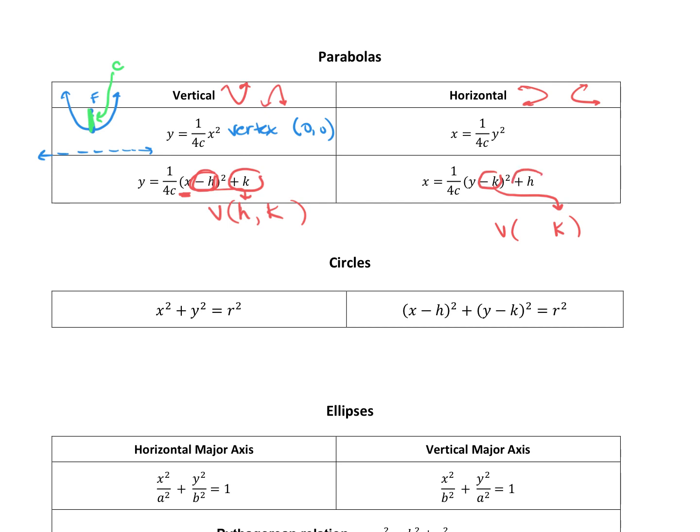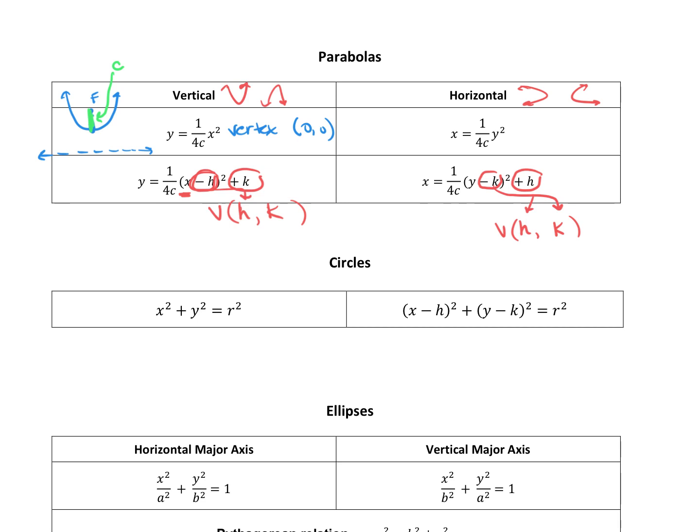And then this number on the end is the x coordinate of your vertex. So just be careful about that. If you have a horizontal parabola that starts out with x equals, we've got the y inside the parentheses. Then this is a y coordinate for the vertex, and this on the end is the x, kind of backwards of where they are over there.